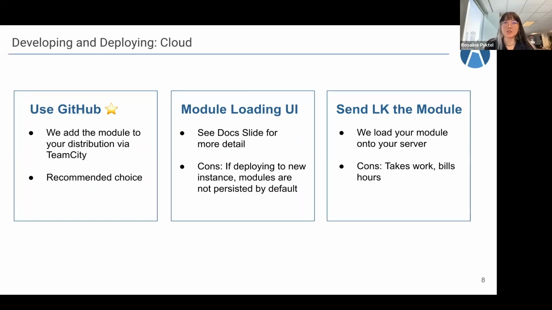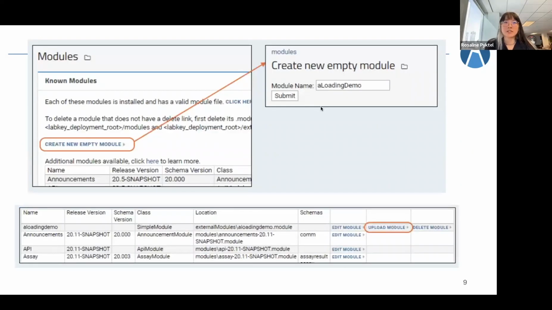Secondly, you can use the module loading UI, which allows you to stay within the server web page and upload modules as well as delete modules. This feature is compatible with servers running in production modes, not development modes, and some of the UI looks like this. You can see in the top image that you can create an empty module to load a .module archive into, and in the lower image that there's a link that allows you to actually load it in.